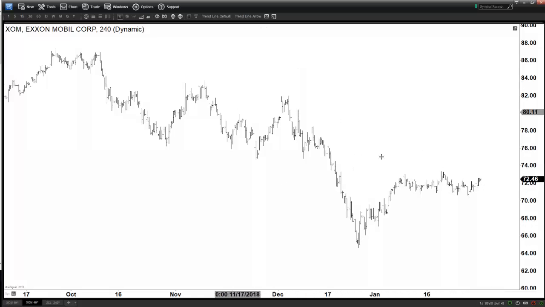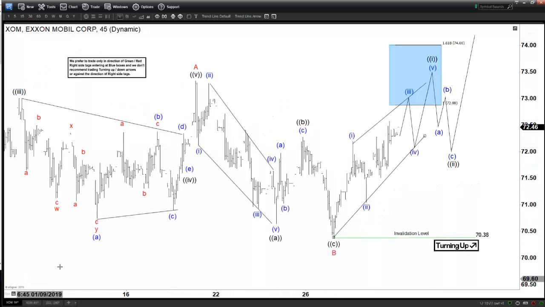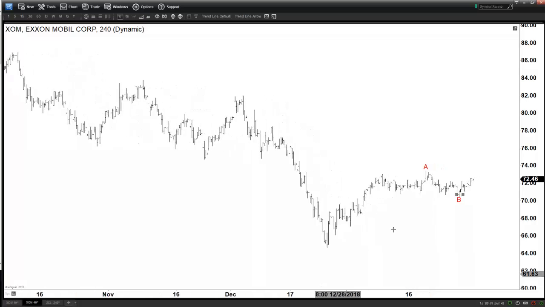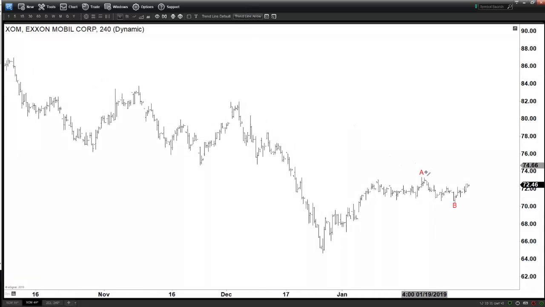So you can see here, if you look at the 1 hour chart again, this wave A at $73.31 is over here, and this is the B. Okay, so if you look at the bigger time frame, you can see that this A here does look as if this is really 5 waves, right? So you can label it perhaps something like this: 1, 2, and then we got 3, 4, and then 5, right?